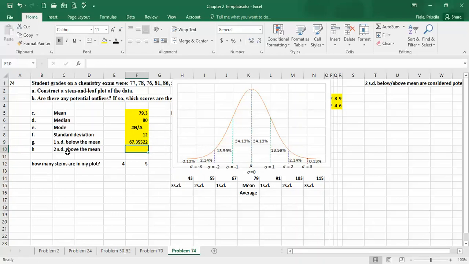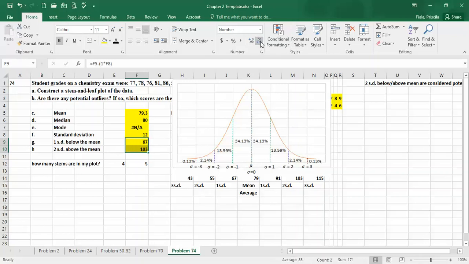And then if I'm asking you 2 above, you already know it's right here, so you're going to go equals the mean plus 2 times my standard deviation. And these are your values.